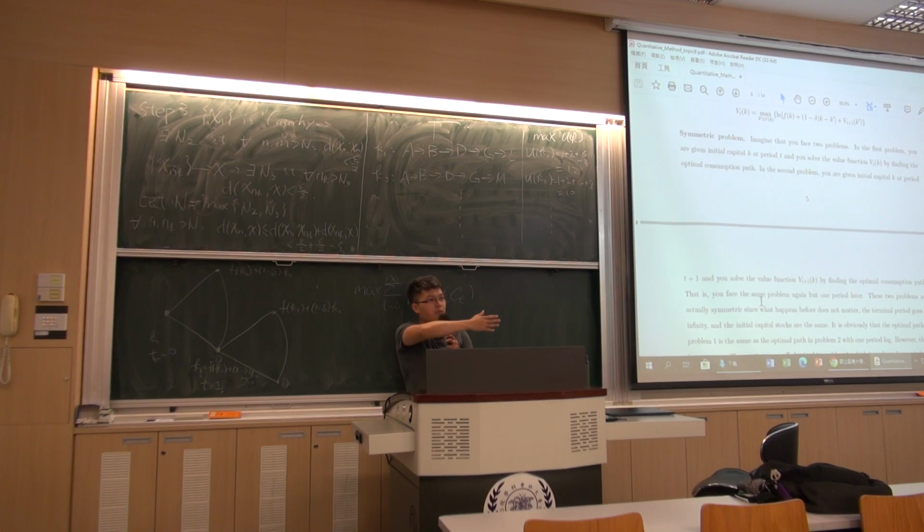What happened before doesn't matter, because I already told you that at period t you have capital k, then you tell me the optimal consumption path. And say that now I change the time period. Now you are at period t plus 1, and I still give you the same amount of capital. Then your consumption path is still the same.